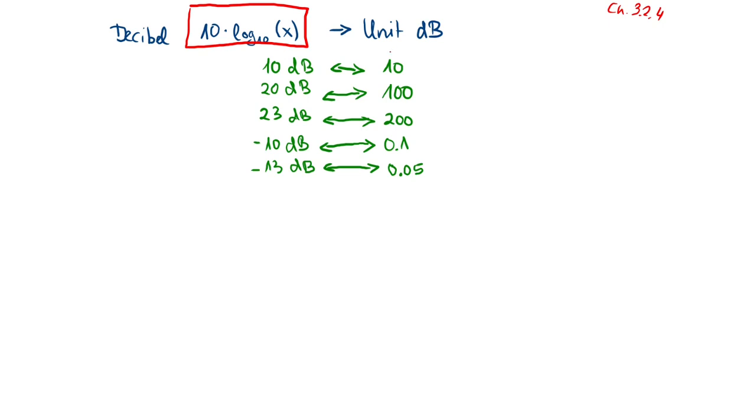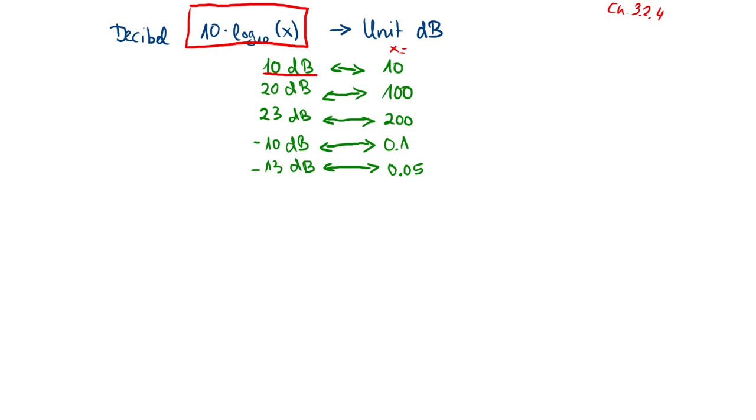Let's say x equals 10, and we have 10 decibel. So decibel is the unit used here to show that the value is given in logarithmic scale. So the logarithm of 10 is 1, multiplied by 10 is 10.